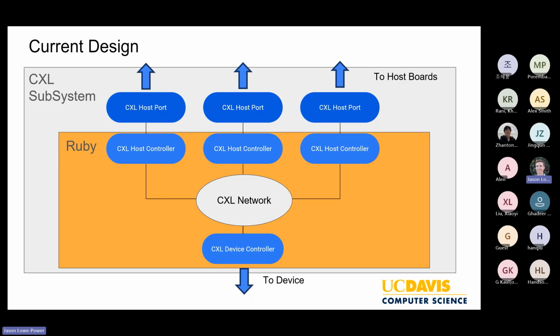You'd have a host controller object for each of the host boards that you have, and all of these would connect into a CXL network, and this network would then connect to this device controller. Unfortunately, today we are only able to simulate a single CXL device, but that is something we will be working on, as I will cover in the next few slides. And of course, all these boards are able to communicate with this device and address it, to use it as a memory expansion device or as a method of communication with other boards.